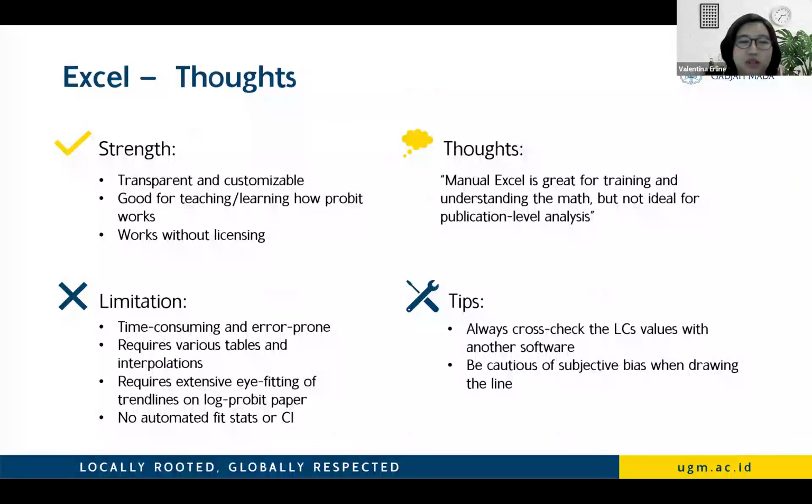It requires various tables and interpolations, and you have to use a lot of log Probit paper to make the eye-fitted trend line. So basically, if you want to use Excel, use it to practice, not to calculate the data that you want to publish.